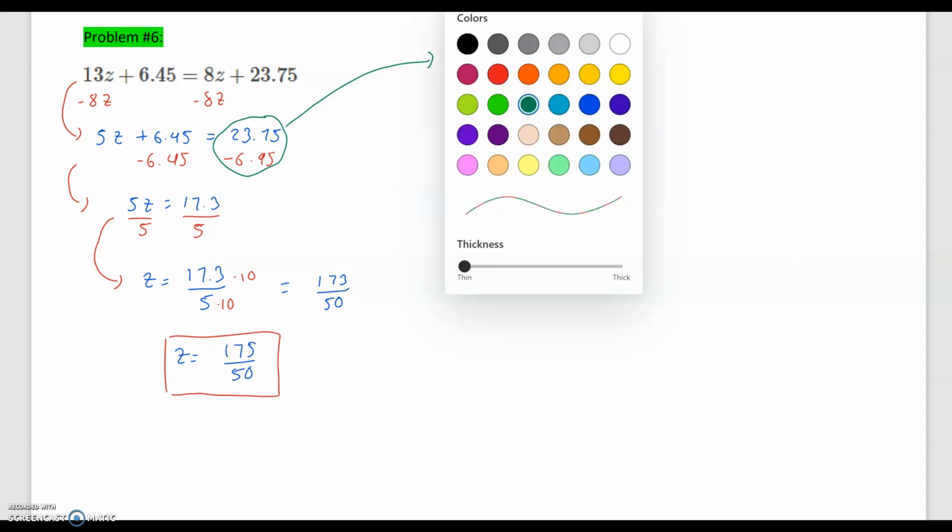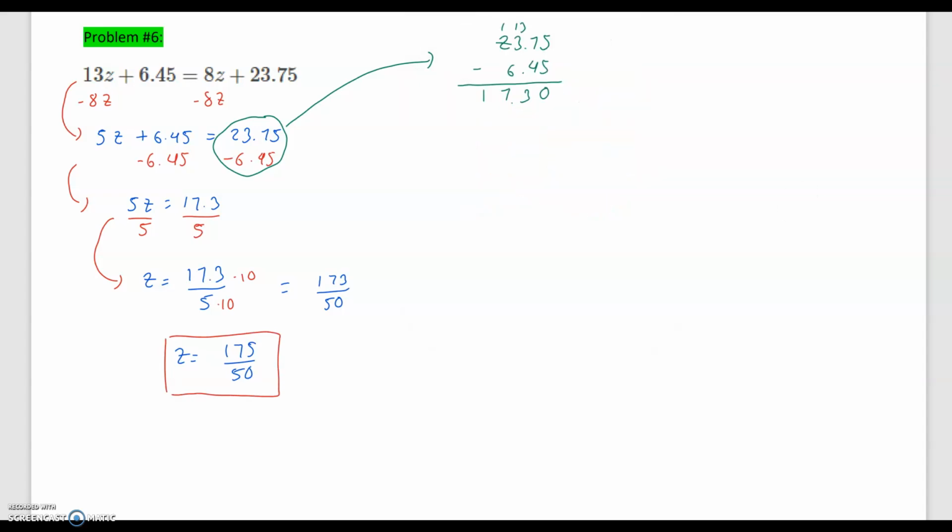It's possible that they want a decimal approximation. So let me carry out the division. So 175, and we're going to divide that by 50. So we're looking at 3. Since 5 times 3 is 15, 3 times 0 is equal to 0. 5 times 3 is equal to 15. We carry the subtraction. That's going to give us a 5, a 2 and a 0.